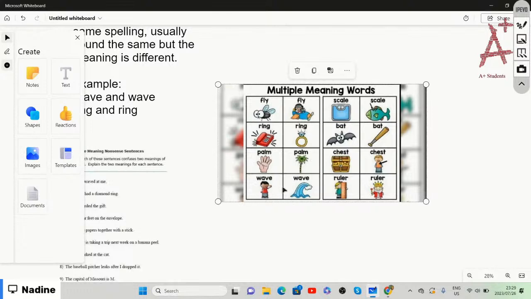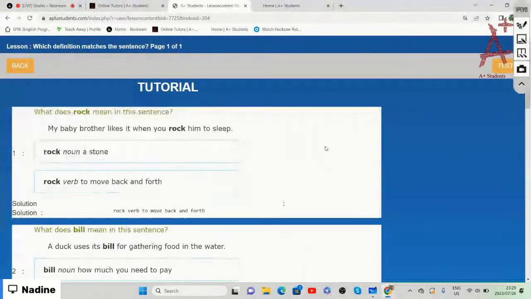Wave, the example that I made earlier. Ruler is a king, or a ruler that we use to rule lines. Chest is the chest on our body or a treasure chest. There we have a bat and we said scales. So once again, one word, different meanings, and we call that multiple meaning words.